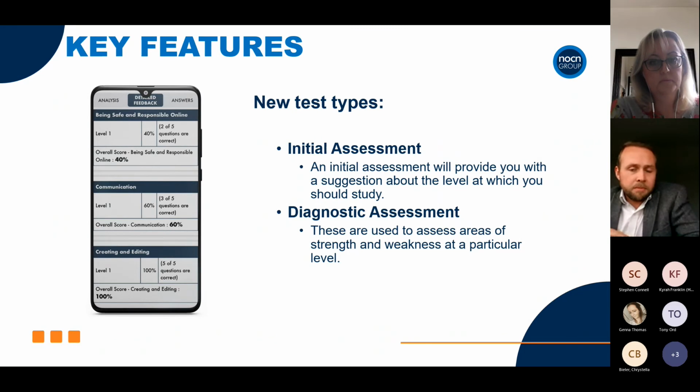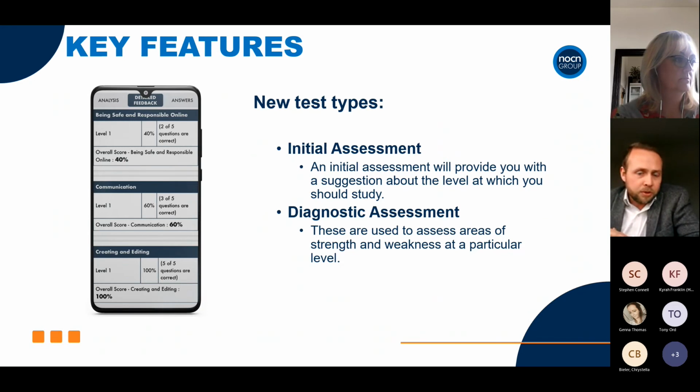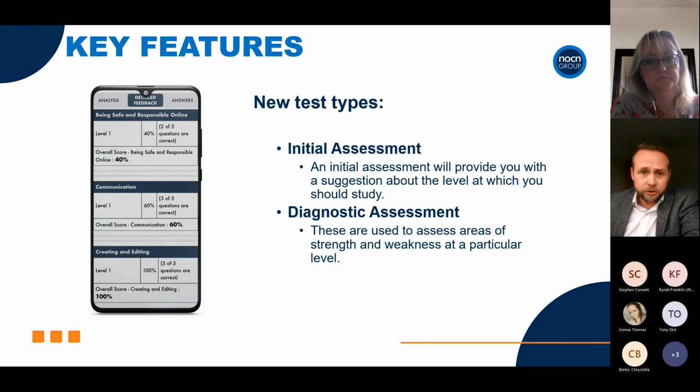This was an existing app that we put some time and effort into reviewing and upgrading, developing the functionality within it. We've developed two new test types, initial assessment and diagnostic assessment, which should help with essential digital skills. We've also got the same for functional skills, if you deliver functional skills.